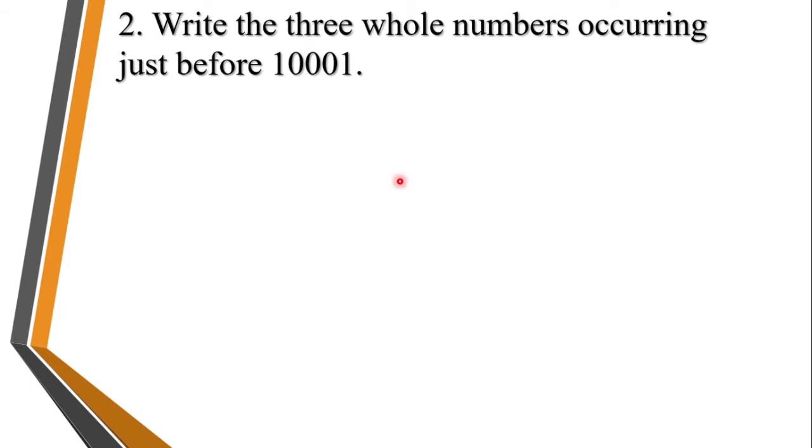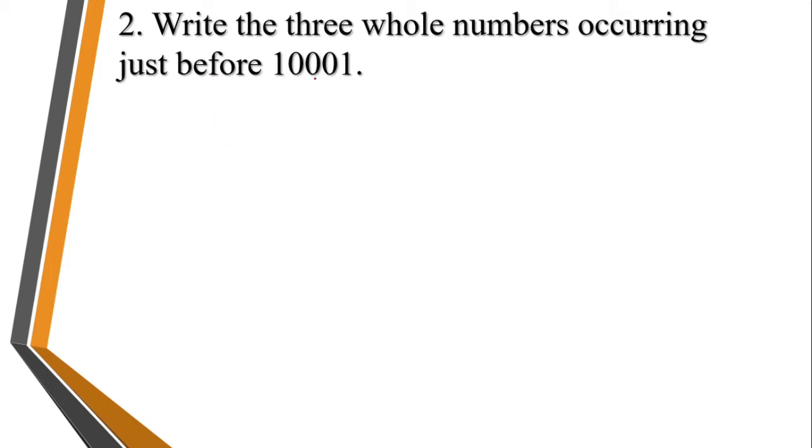Now the second question is, write the three whole numbers occurring just before 10,001. Now we should write the numbers before. So a before number can also be called a predecessor, right? To find the predecessor we will do minus 1. So here also we will do minus 1 only.